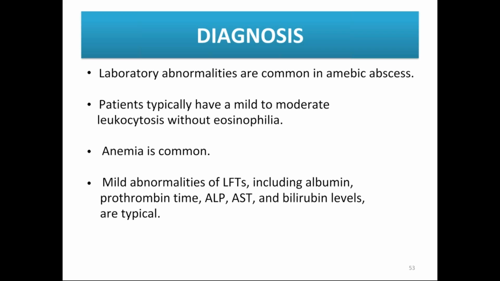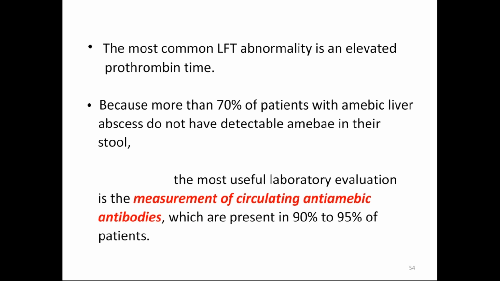So the major diagnosis is always LFTs, through which you can suspect the enzyme irregularities present there. So ALP will always be increased, and the most common LFT abnormality is prothrombin time.